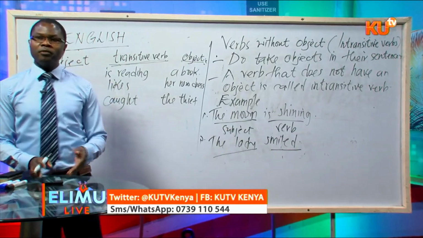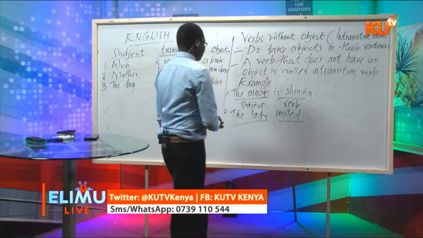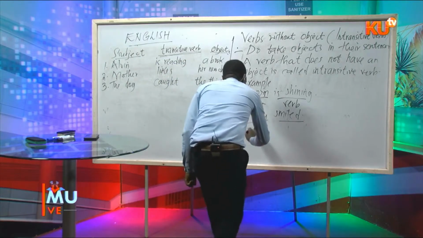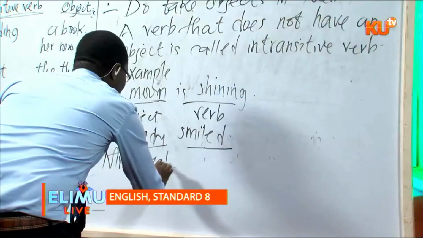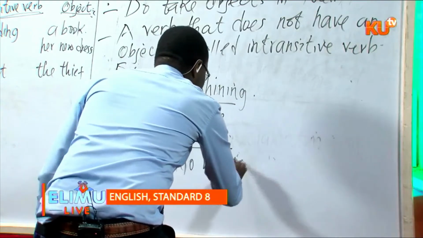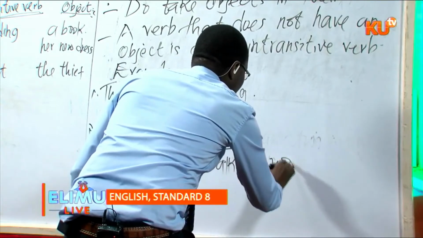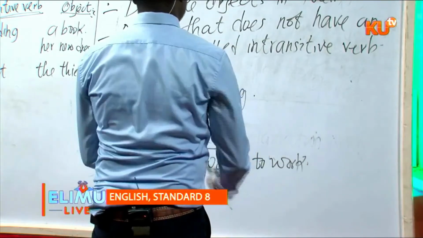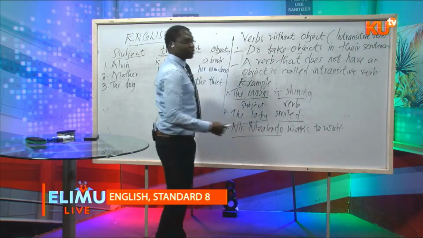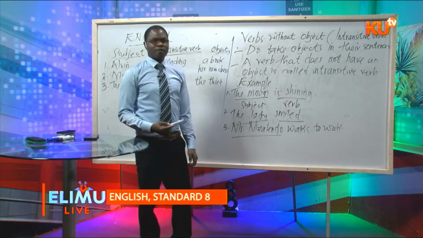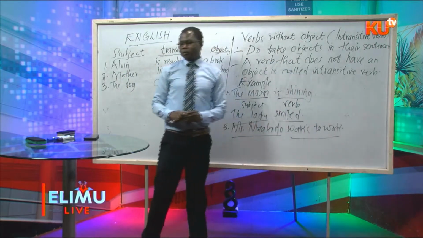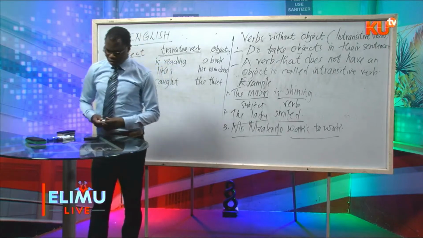Another example of intransitive verb: Mr. Mzalendo walks to work. Mr. Mzalendo here is the subject and walks to work is a verb, therefore no object.